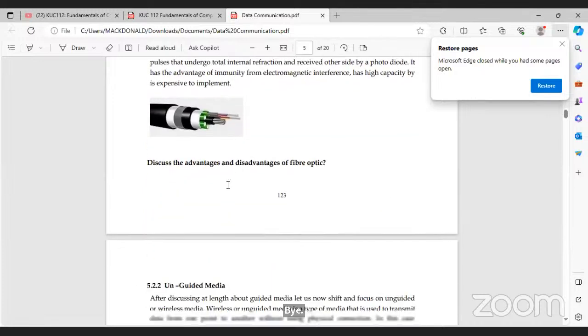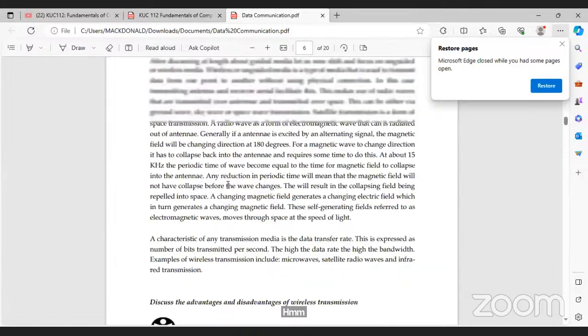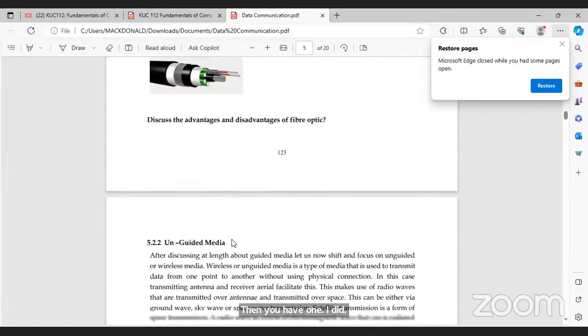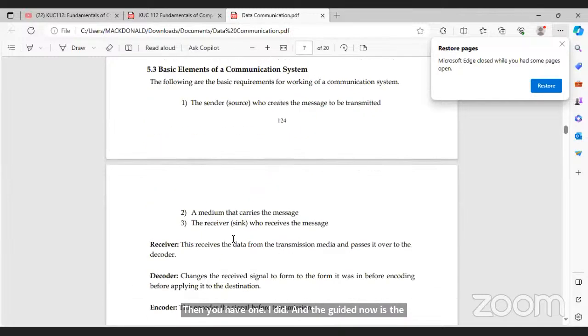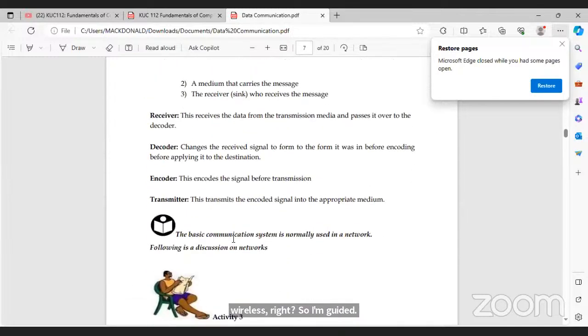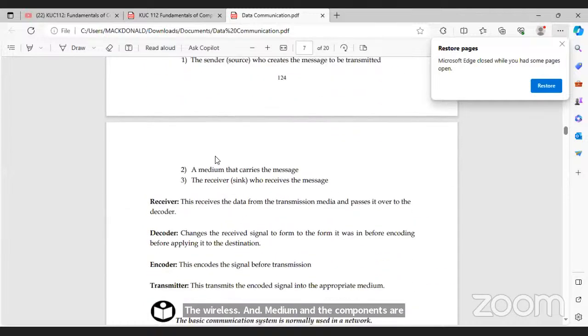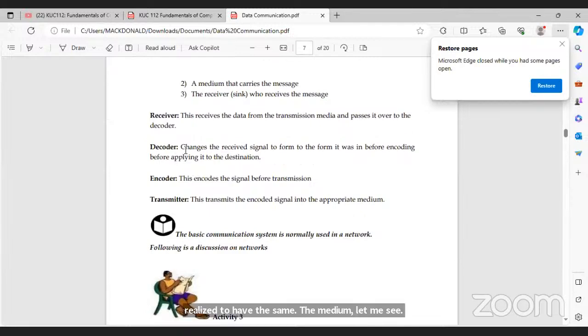Also, I asked you the advantages of fiber. Then you have unguided. Unguided is the wireless medium. The components we have realized are the sender, the medium, the receiver, and a decoder. A decoder is a device that changes the received signal to the form it had before encoding.